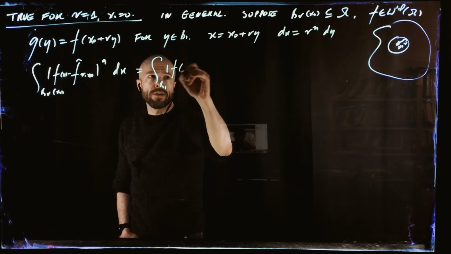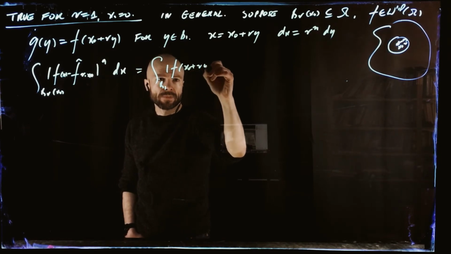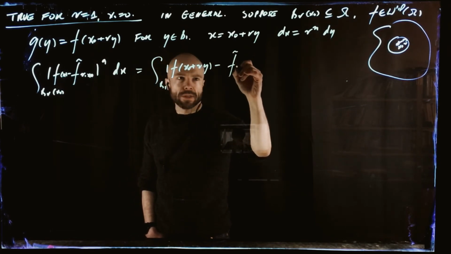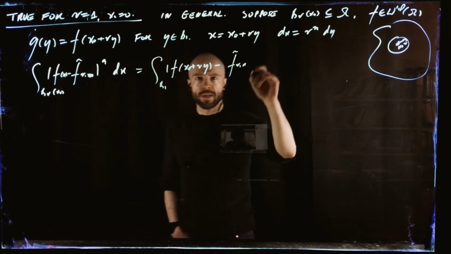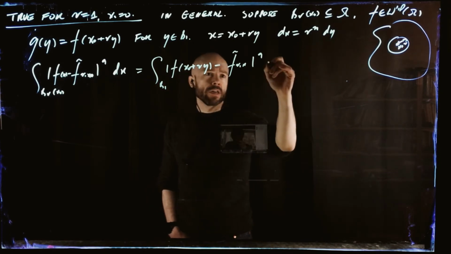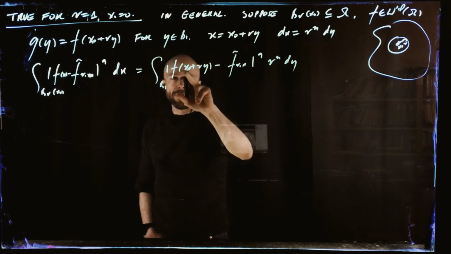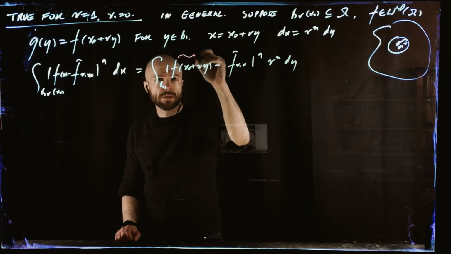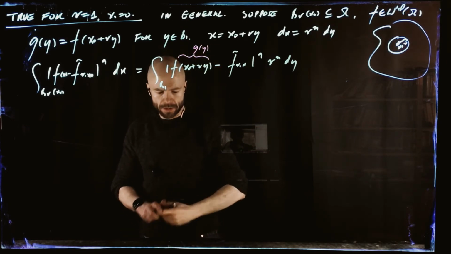We have f of x0 plus r times y, like this. This guy, it's going to turn out, is the same as the average of g on a ball of radius 1, but we'll get to that later. We're just going to keep the constant for the time being. And then this dx now becomes r to the n dy, yeah? And this is exactly the definition of the function g of y. Yeah?